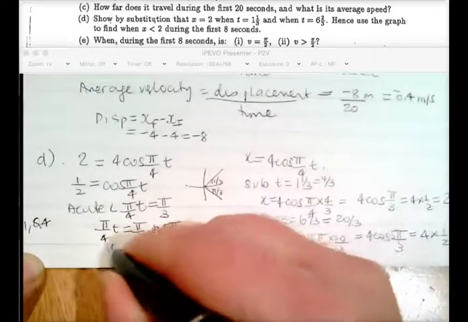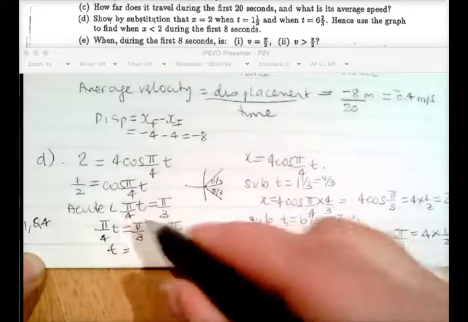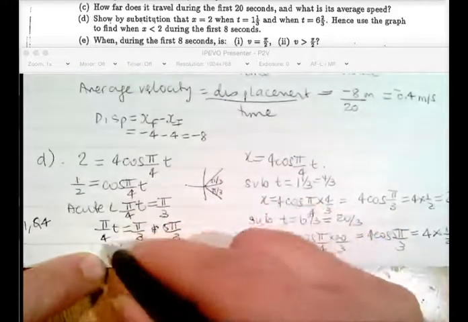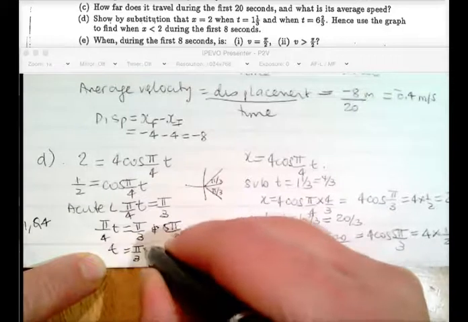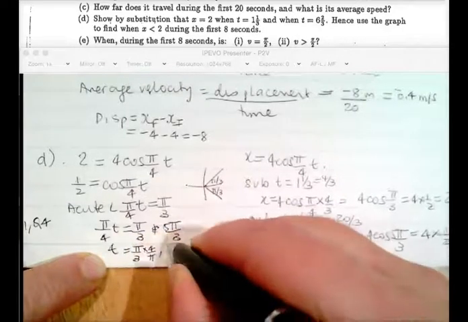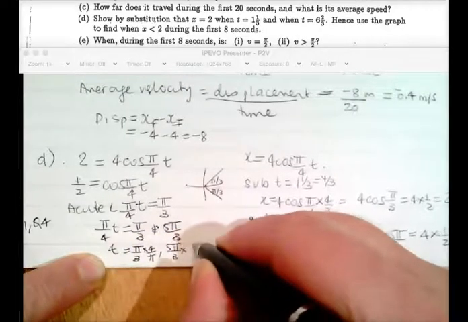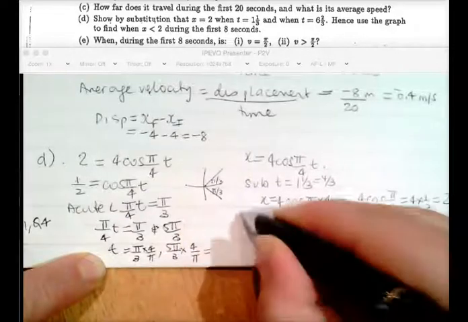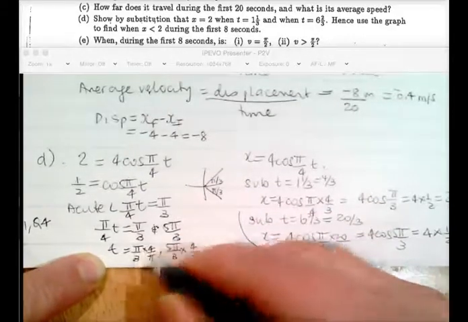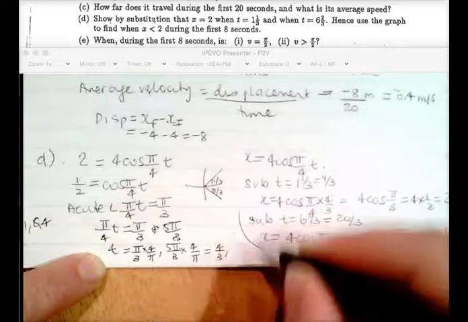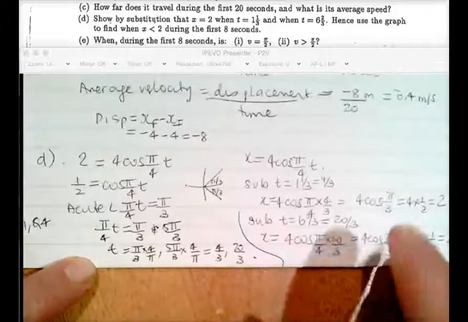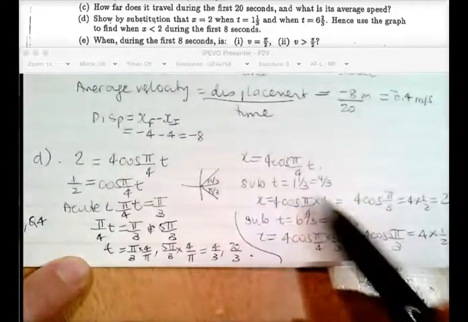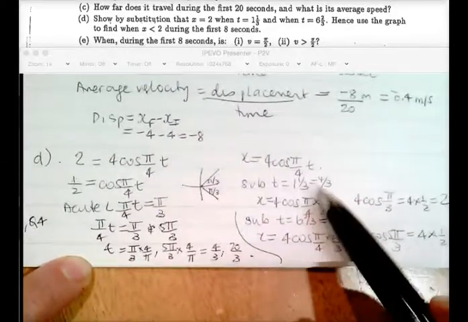And so therefore t is dividing by pi on 4, or multiplying by 4 on pi. We get pi on 3 times 4 on pi, and 5 pi on 3 times 4 on pi gives us, the pi's cancel, time is 4 on 3, and time is 20 on 3, which is what they were asking you to substitute there. Time is 6 2/3, and time is 1 1/3.